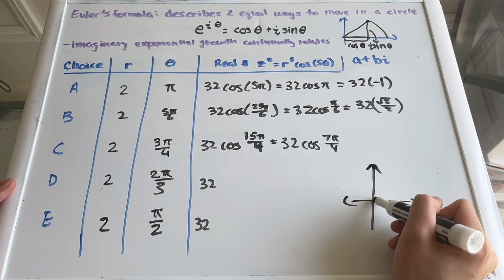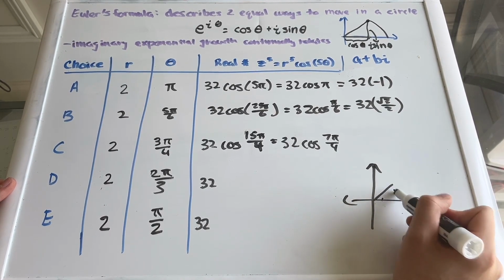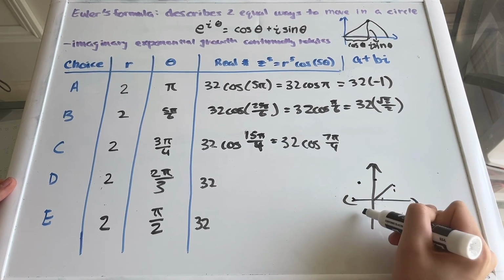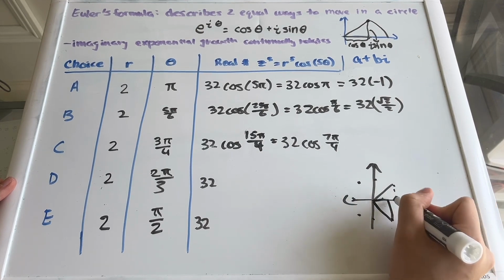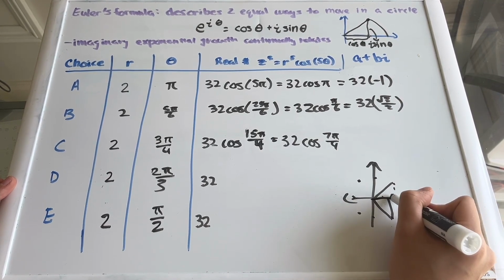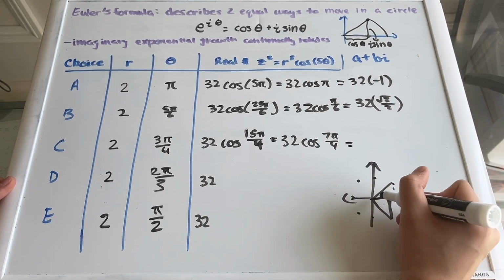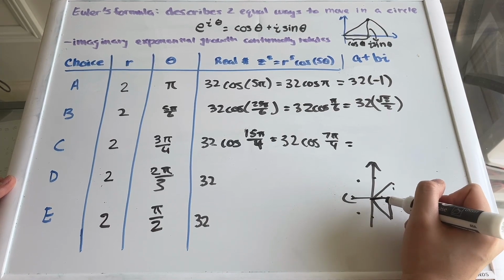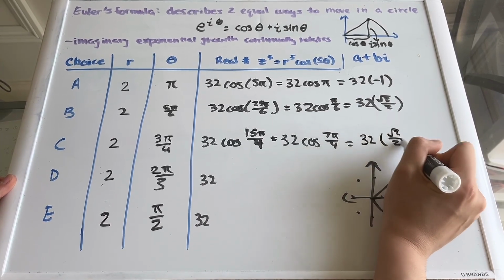In the unit circle, 45 degrees would be pi over 4. So you go over 1, 2, 3, 4, 5, 6, 7. So it is going to be this angle right here, which is equal to square root of 2 over 2, negative square root of 2 over 2. And since it is cosine, you're trying to find the x value, which is the square root of 2 over 2. So this would equal 32 times the square root of 2 over 2.